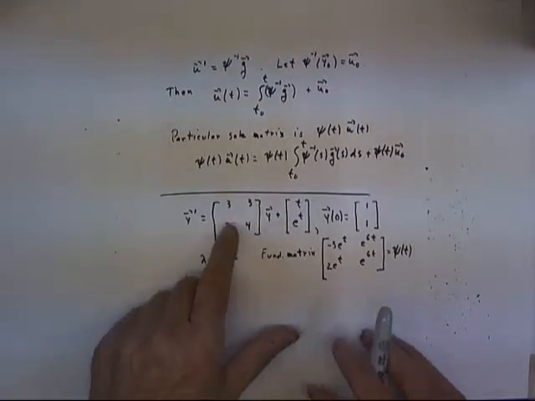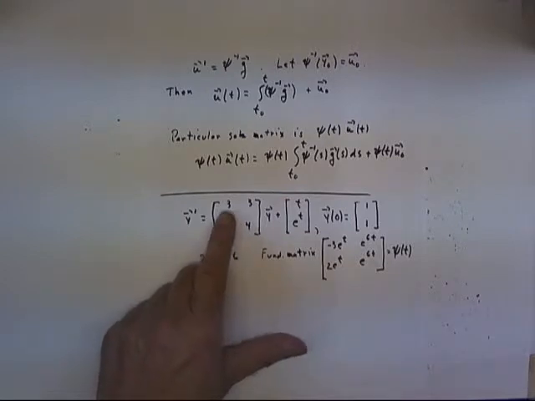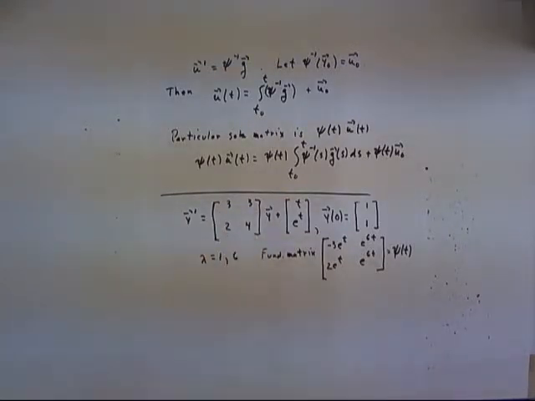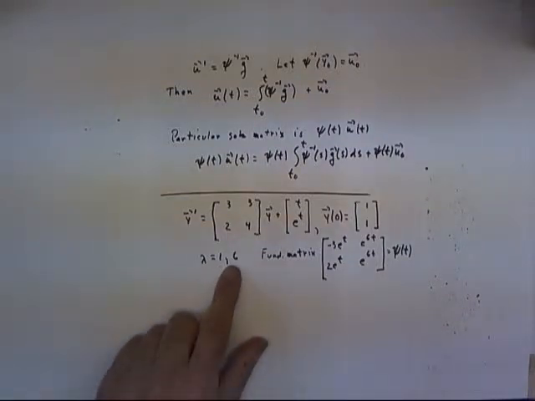We get our characteristic matrix 3 minus lambda, 3, 2, 4 minus lambda. We get the characteristic equation, which I believe is lambda squared minus 8 lambda plus 15, giving us solutions lambda equals 1 and lambda equals 6.